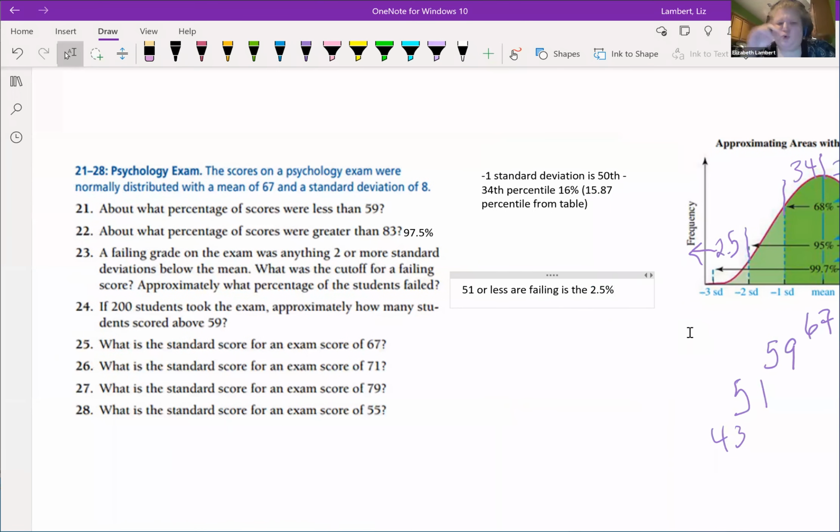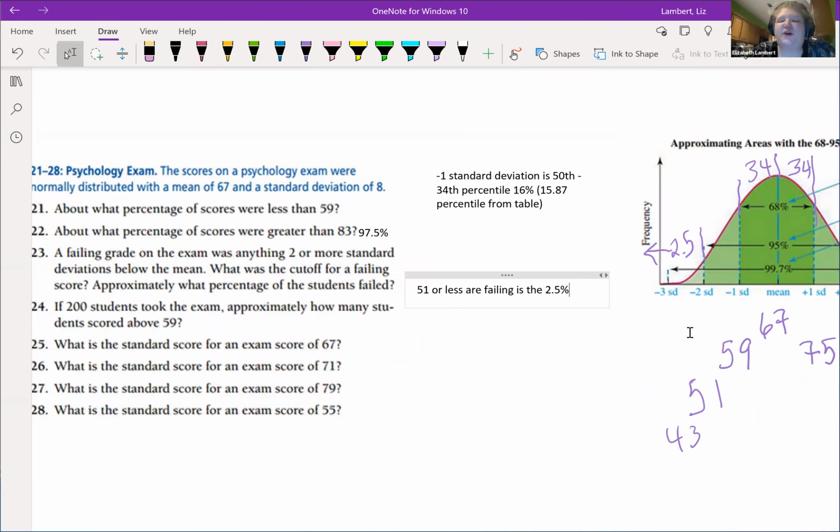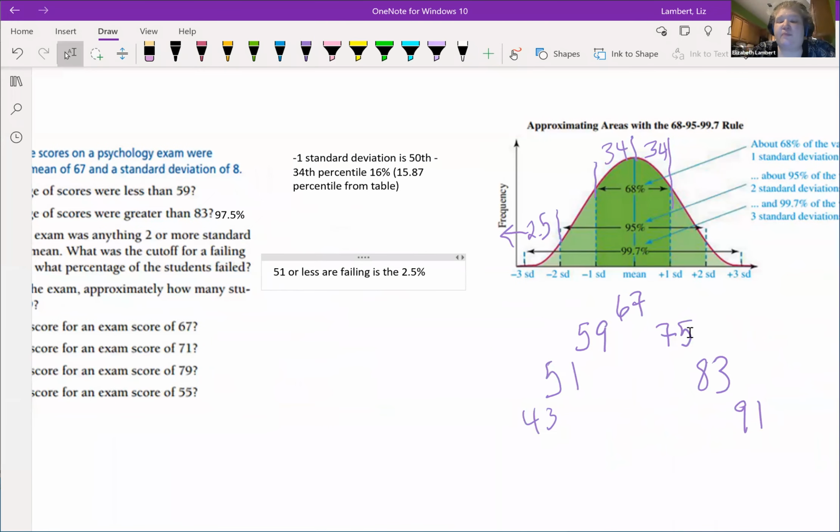All right, so if 200 students took the exam, approximately how many students scored above 59%? Above a 59, sorry. So a 59 was -1 standard deviation. So we have from the mean up is 50, and then we're going to add on that 34. So we get 84%.